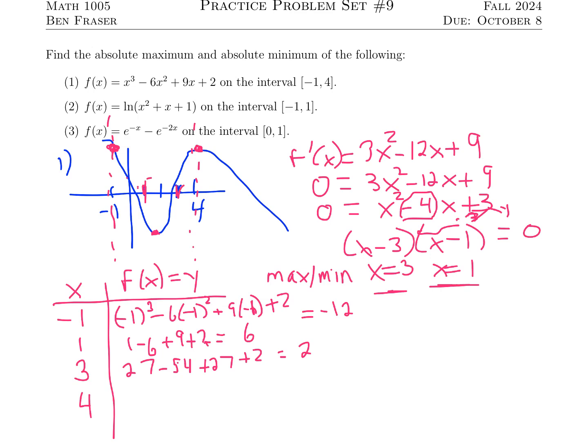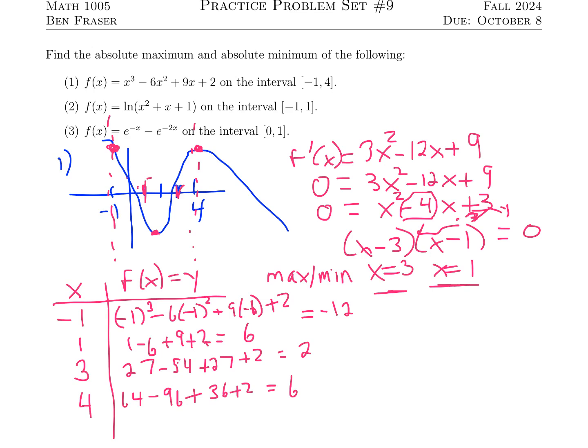And then I'm going to do it with 4, and I'm going to get 64 minus 96 plus 36 plus 2, and that's equal to, let me see, 6. Okay.